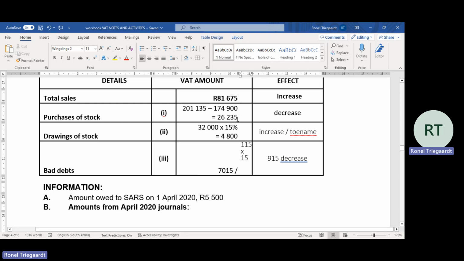That's VAT that you can minus from the VAT due to SARS. So that is why I have decreased. Remember, that is our input VAT. And input VAT decreases what we owe SARS. Julle weet mos dit nou? Insetbelasting verminder mos wat ons aan SARS moet betaal. Is julle alright daarmee? Are we fine with that?